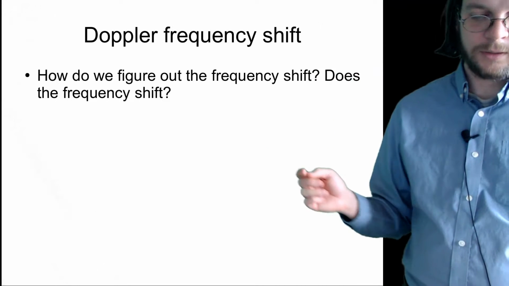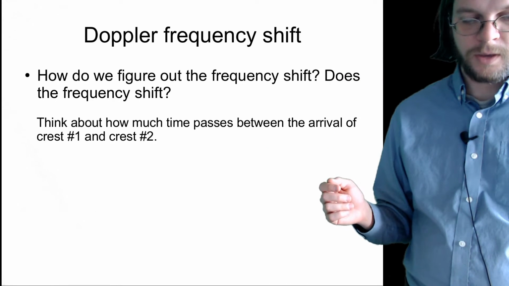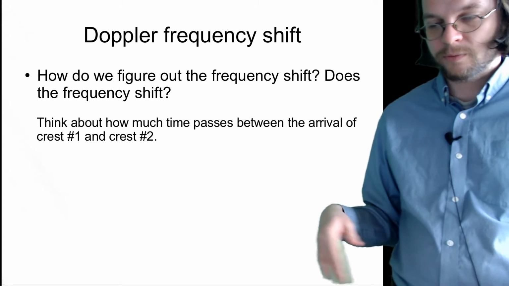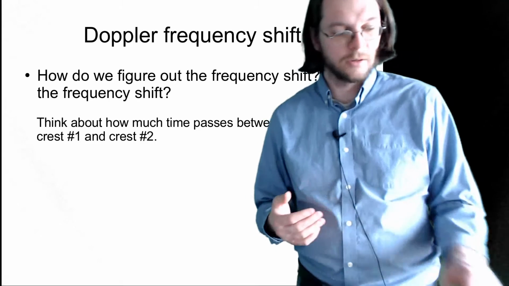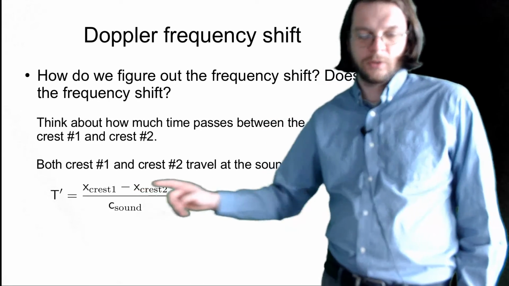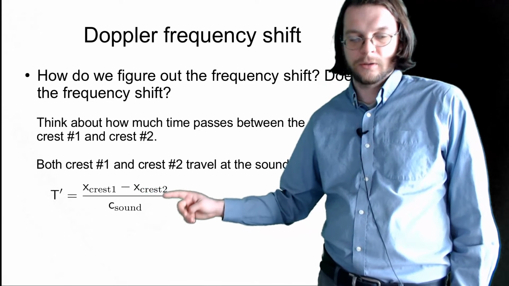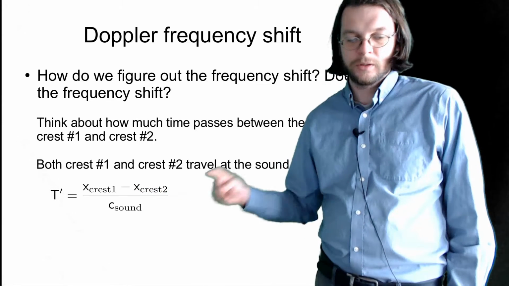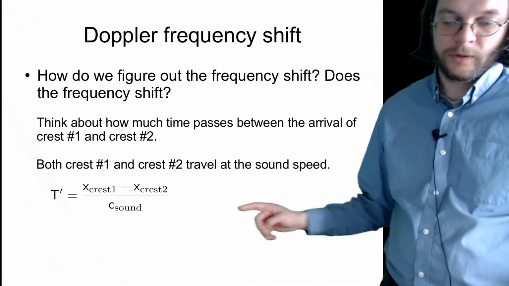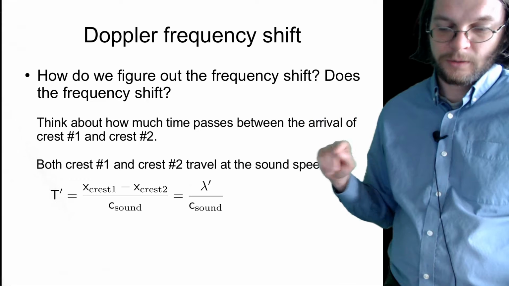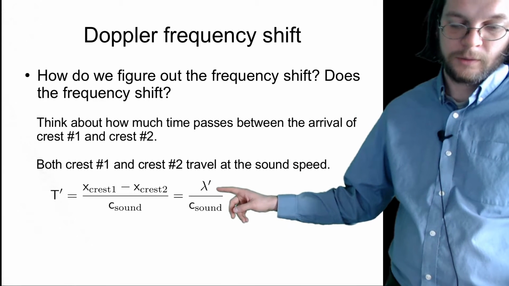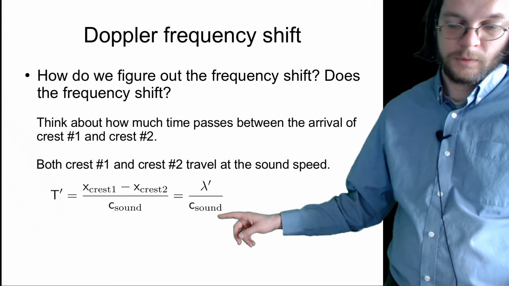So we can take this equation and do the same kind of thing. How much time has passed, right? Because the frequency is related to how many cycles per second. It's related to the period. And so both these crests are traveling at the speed of sound, and so the time difference between those things, even when the ambulance is moving, if you follow the same kind of analysis that we did before, again, this is the new wavelength divided by the speed of sound.